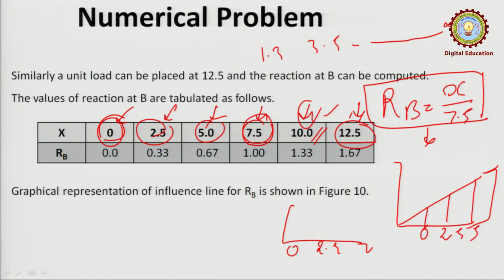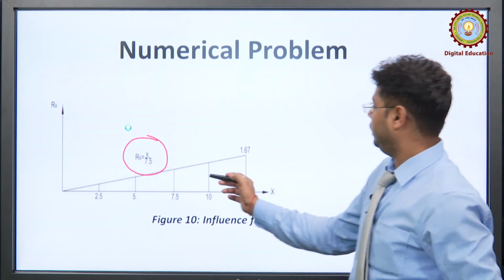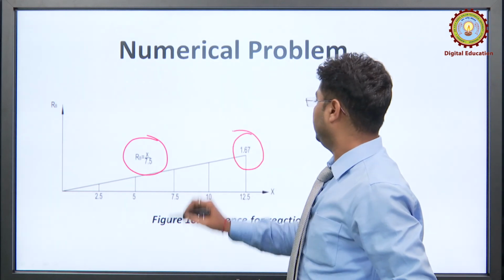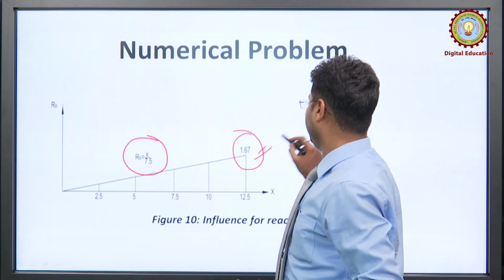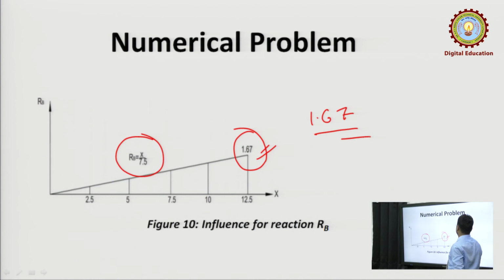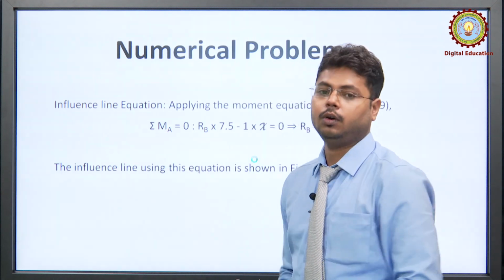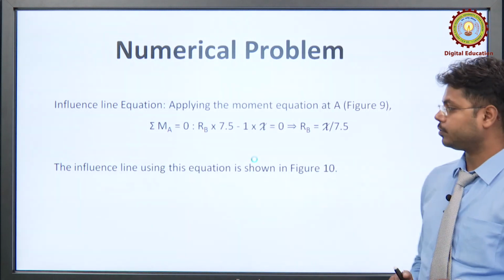So what will be the equation line? This will come as a linear variation with an ordinate of 1.67. This is the ordinate distance. So this is the influence line diagram for the reaction at B having unit load on overhanging beams.